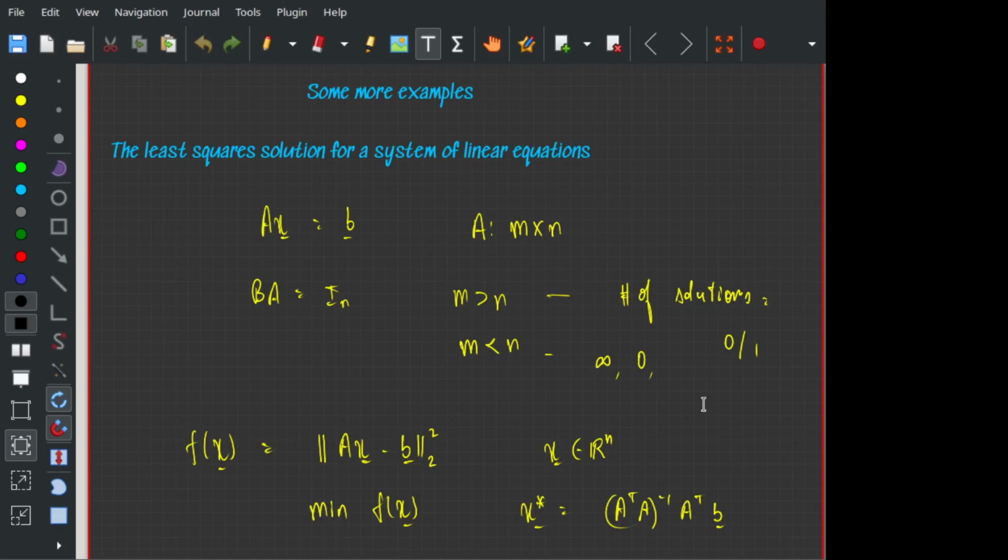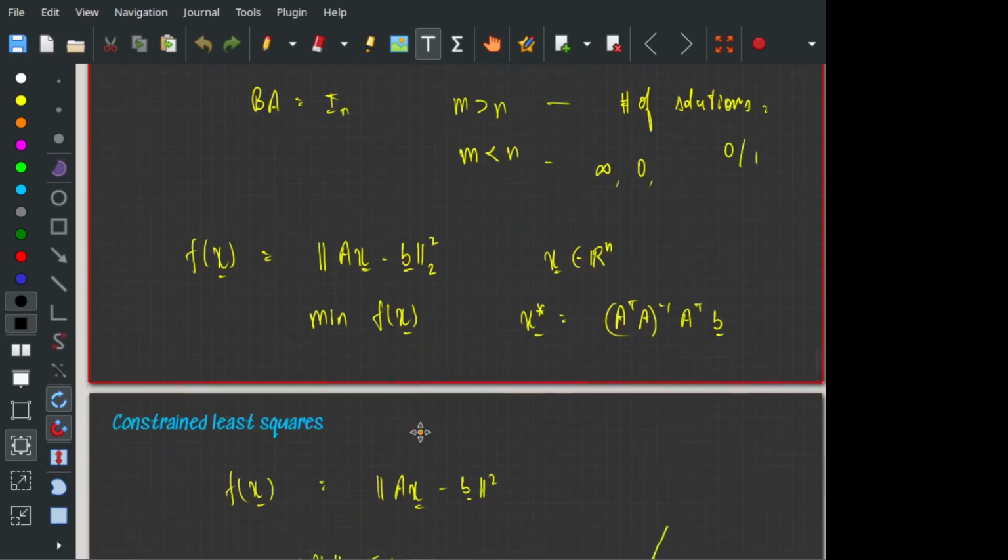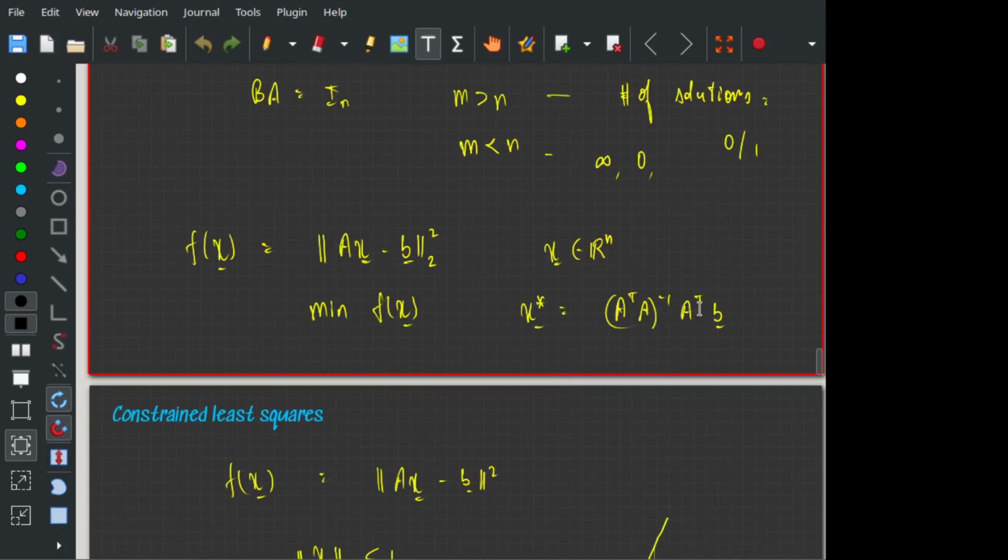Approximately satisfies was in the sense of minimizing the squared error between Ax and b. And the solution turned out to be the pseudo inverse times the vector b.